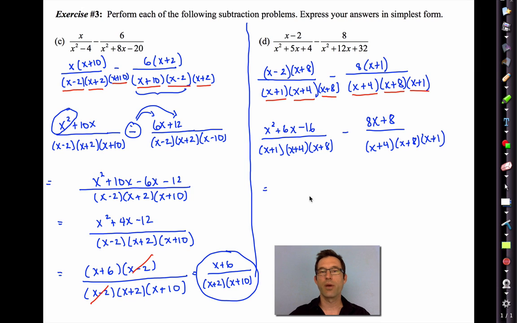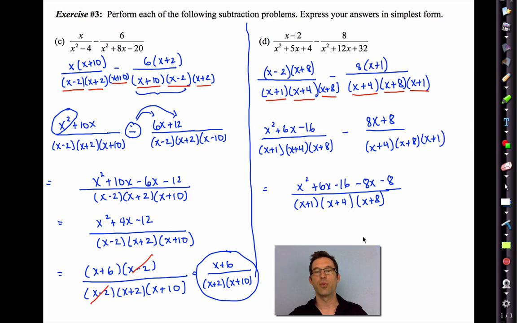I think I want to combine these into only one fraction now. So that common denominator, x plus 1, x plus 4, x plus 8. Then this one is x squared plus 6x minus 16. And this one is negative 8x minus 8.